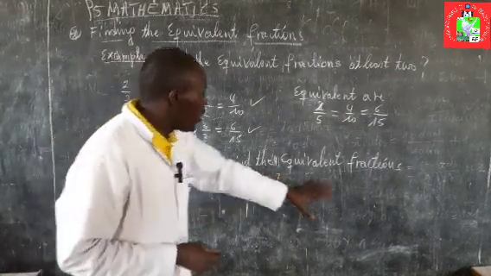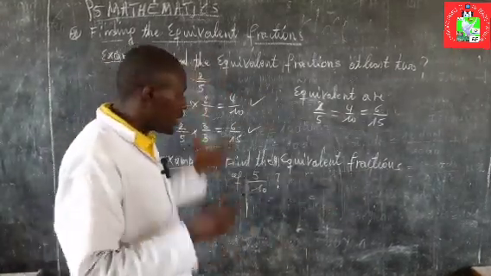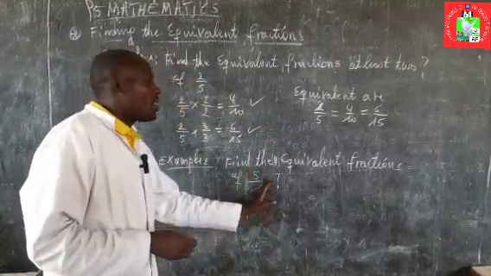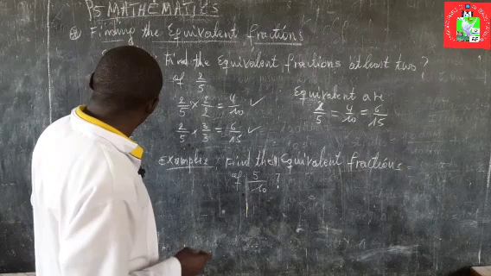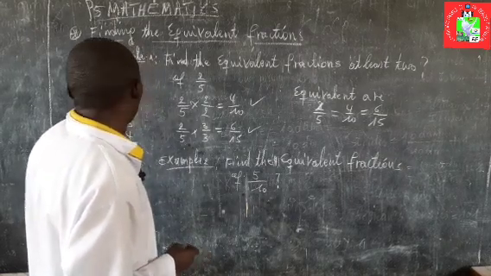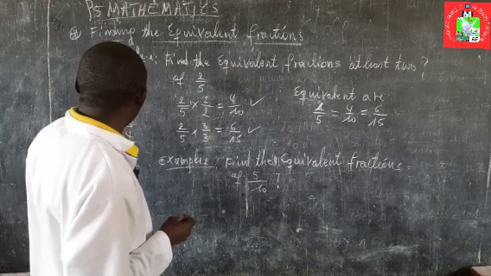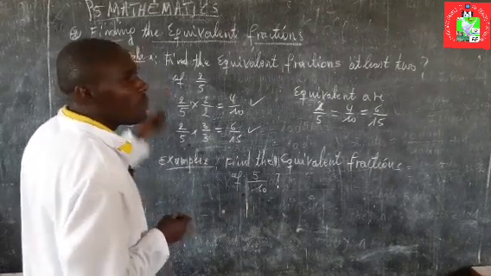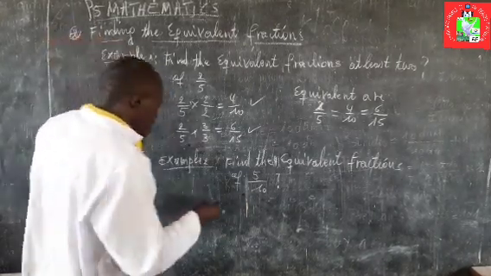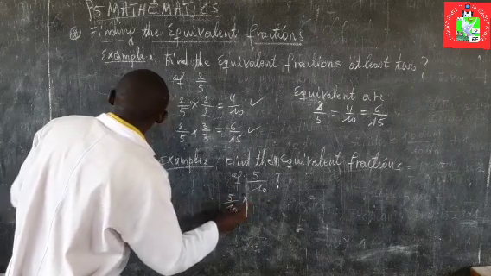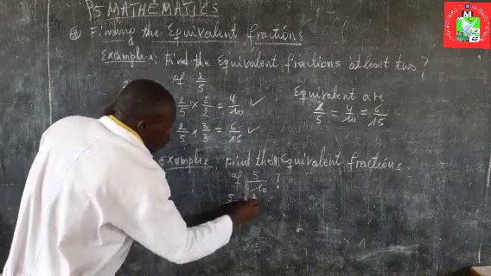By finding equivalent fractions of 5 over 10, we may also take this given fraction times each fraction, like 2 over 2, 3 over 3, and so on, each of which means 1. Now, we are going to take 5 over 10 times 2 over 2.